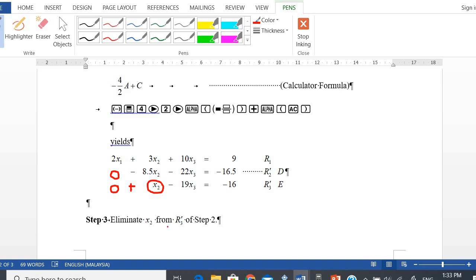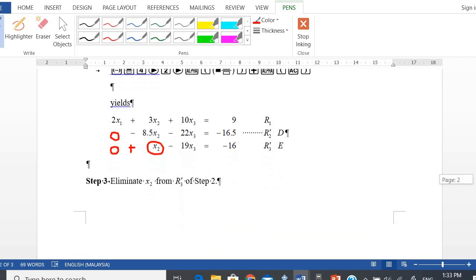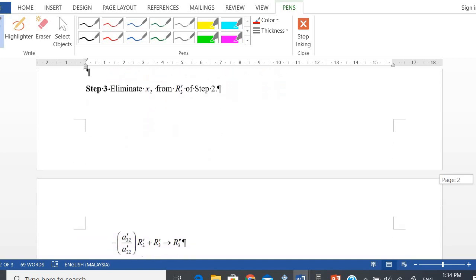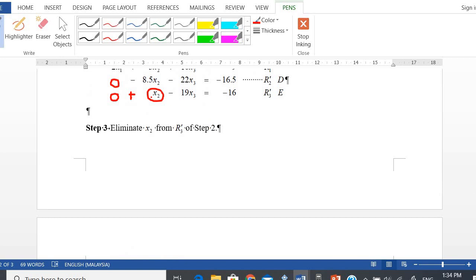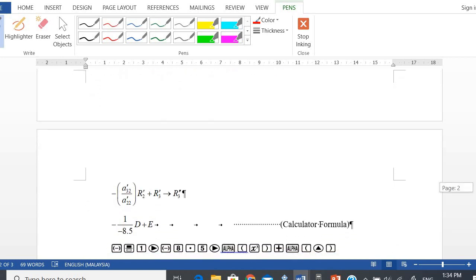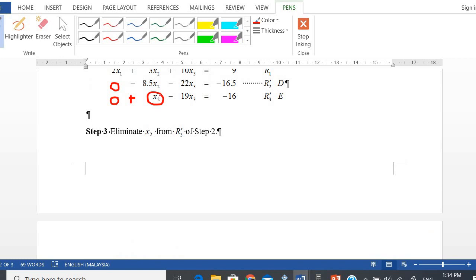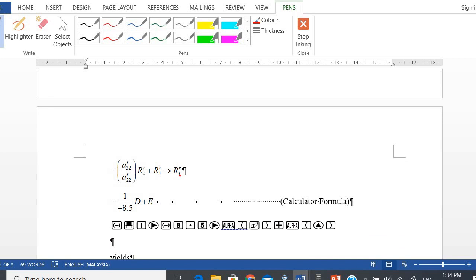So to eliminate x2 from the new row 3 of step 2, the row operation will be negative a32, meaning negative 1, and then divided by new A22. So which is negative of 1 divided by negative 8.5. And put into the new row 3, where in the spreadsheet we put in row number 6.